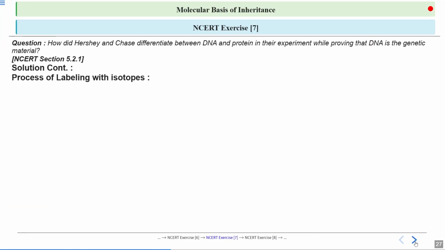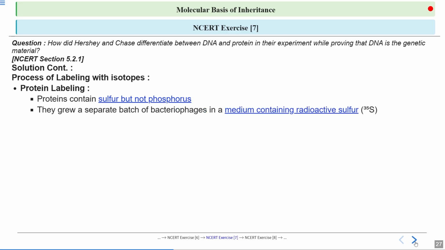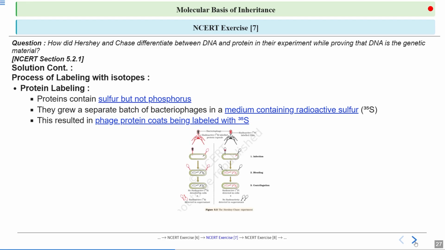Whereas for protein labeling, protein contains sulfur but not phosphorus. They grew a separate batch of bacteriophage in a medium containing radioactive sulfur. This resulted in the phage protein coat being labeled with radioactive sulfur.